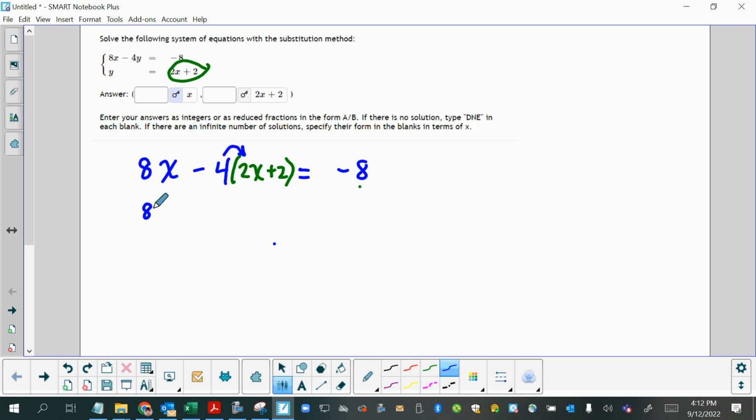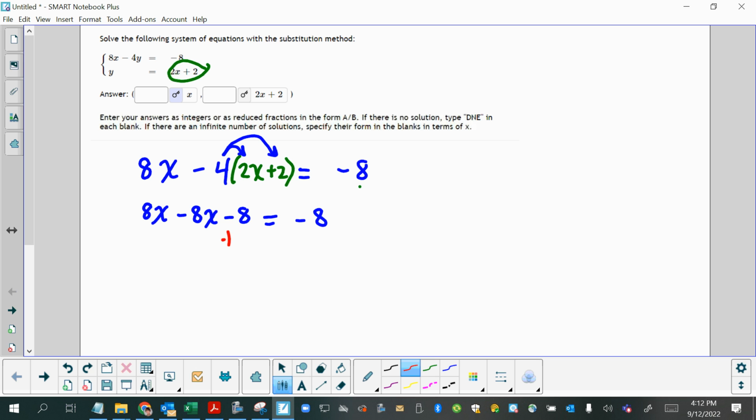Then I have 8x. Nothing happened to that first term, but negative 4 times 2x gives me negative 8x. Then negative 4 times positive 2 gives me negative 8. And on the other side, I have just the lonely negative 8. Now, anytime you see the same thing on each side of the equation, it will cancel out.